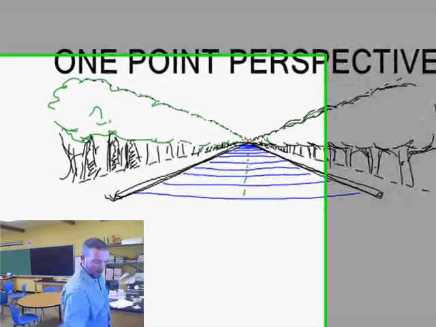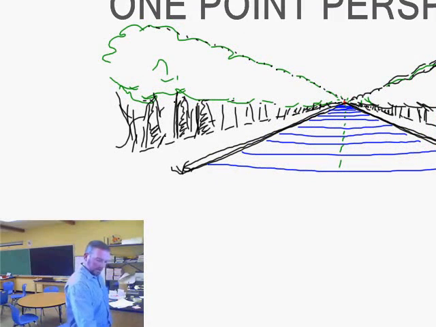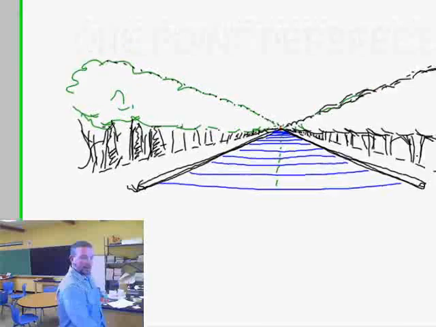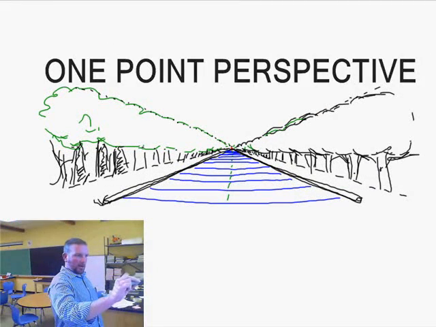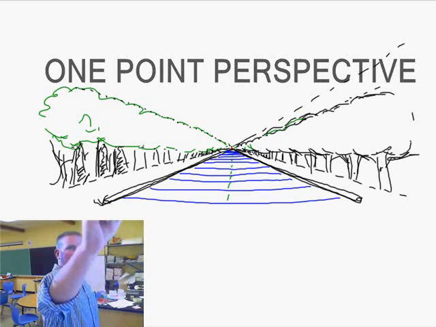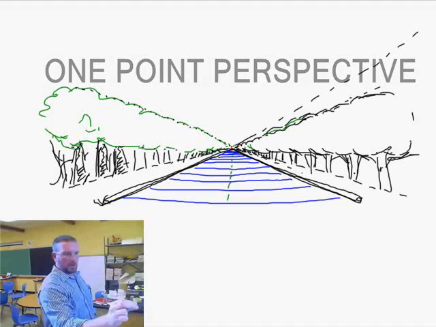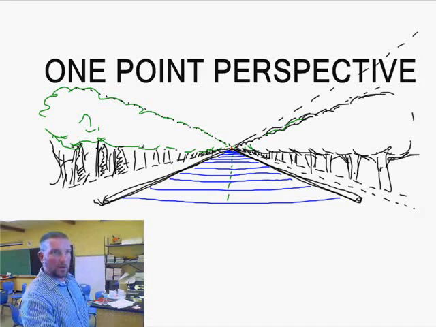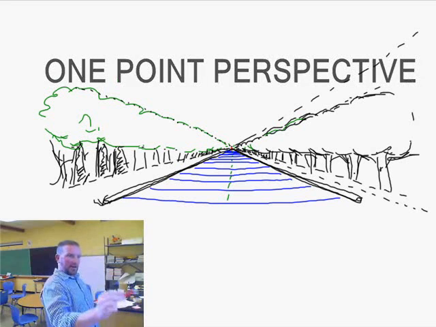Okay, now let's say you know that telephone poles are man-made. Let's say on the right-hand side of my railroad track, I want to draw telephone poles. So I know that those are definitely going to be the same size. We'll make them red so they stand out here.